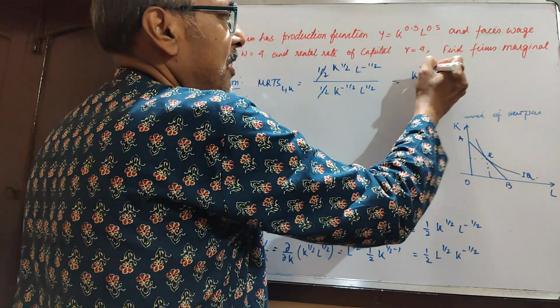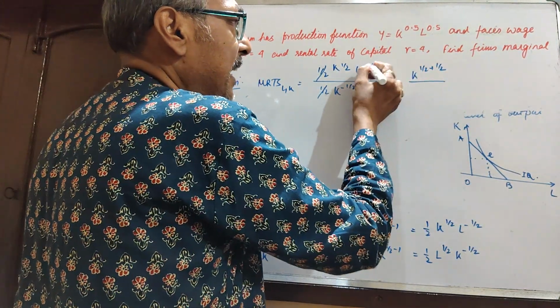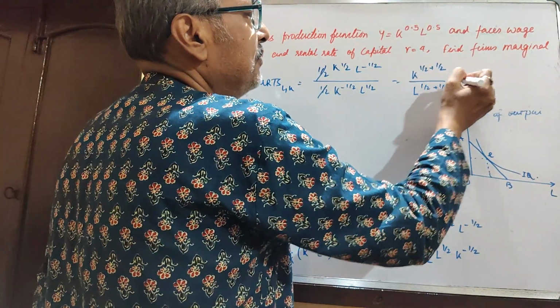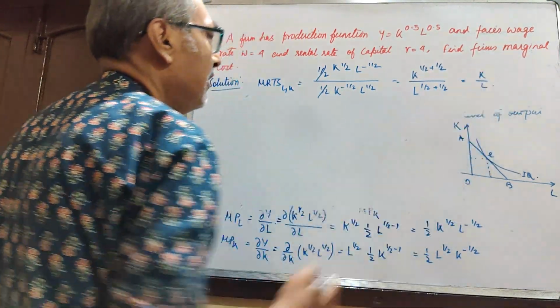That is k to the power half plus k to the power half, and L to the power minus half in the denominator. Half plus half, this becomes k by L.